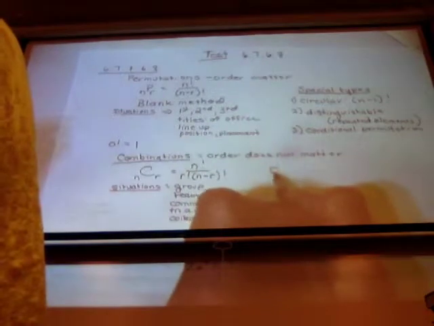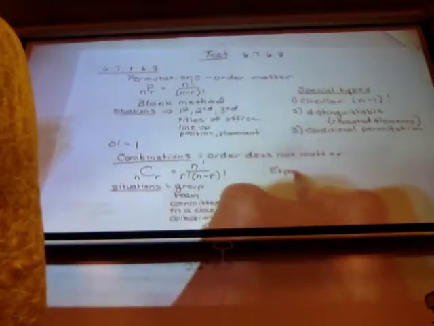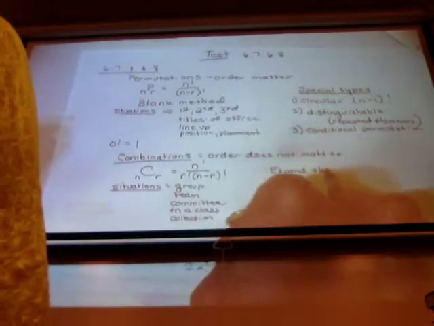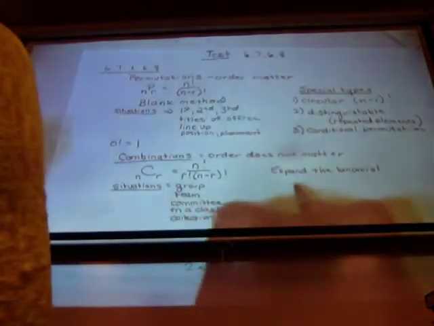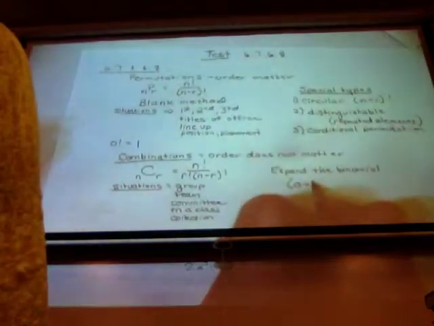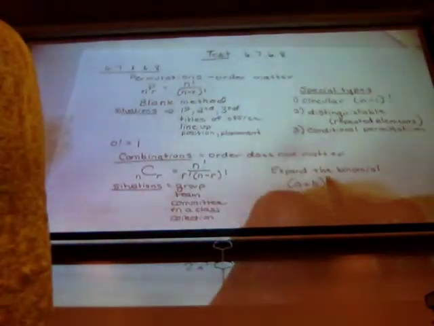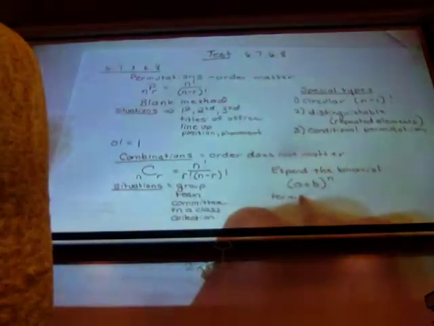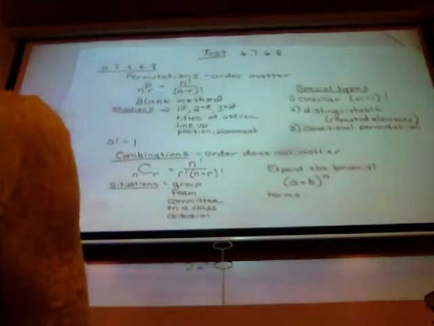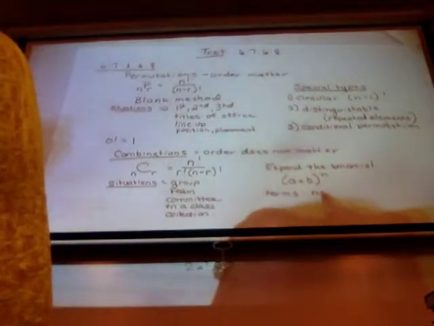Right, very good. To expand the binomial. Binomial expansion. So if I have a plus b to the n, how many terms do I have in it? n plus 1.